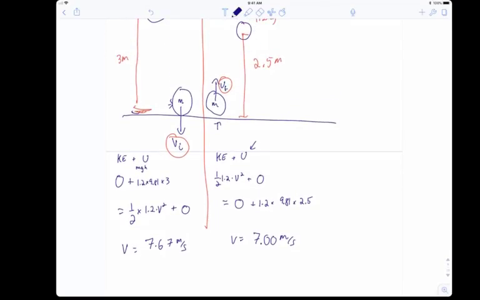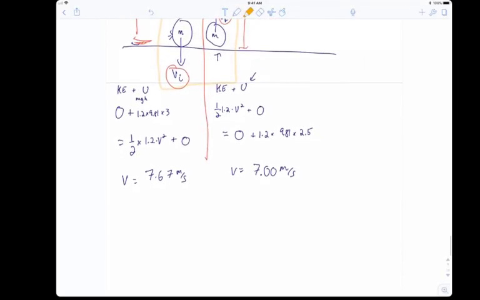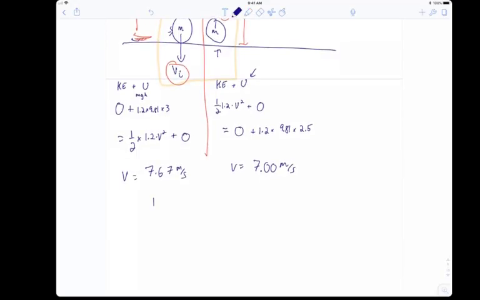Now I'm going to compare just these two. The initial momentum is going to be, let's see, I'll call I hat that direction. The initial momentum vector is the mass, 1.2, times the velocity, minus 7.67.